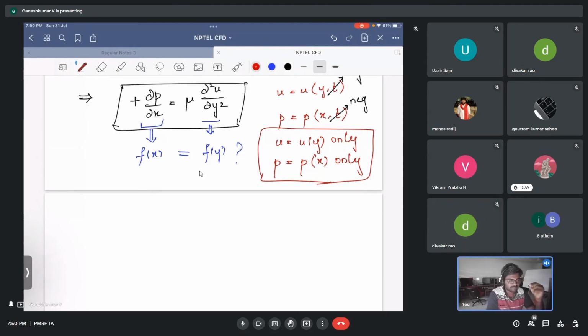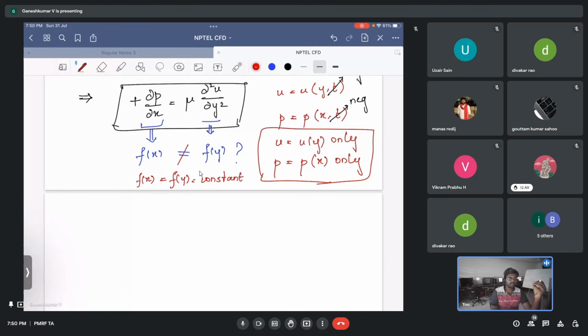Do you want to try? Want to guess? Not, I will tell you the answer. If a function of y and a function of x need to be the same, both must be a constant.